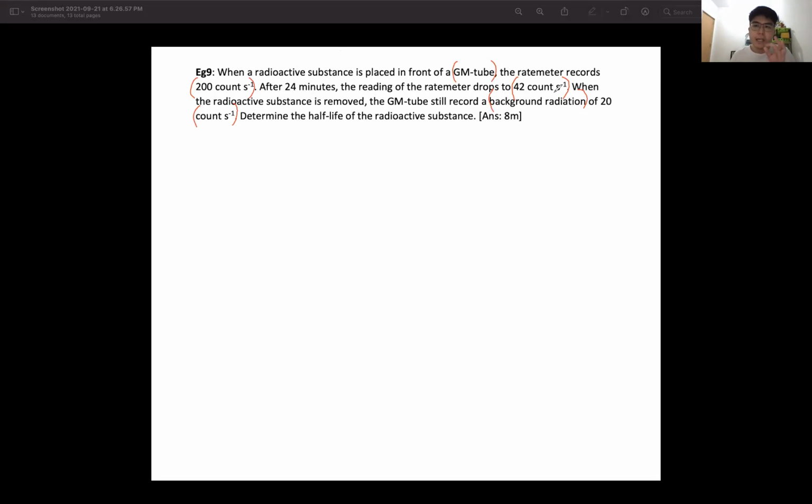First let's talk about background radiation. What is background radiation? Background radiation is radiation from our surrounding. Like I mentioned just now, rocks, soil, they give radiation, right? So all this is considered one type of background radiation. You have two types of background radiation.